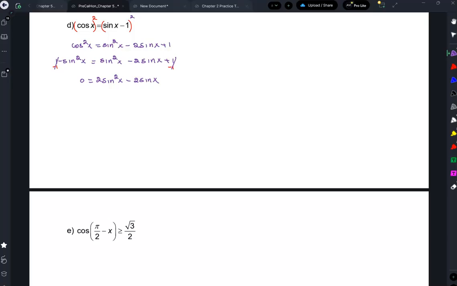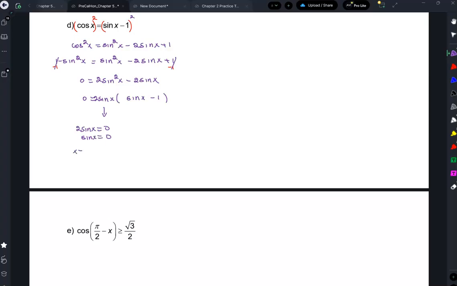And then the way this is going to factor is I factor out a 2 sine x. So you get sine x minus 1 equal to 0, and then here, 2 sine x equals 0. So sine x equals 0.